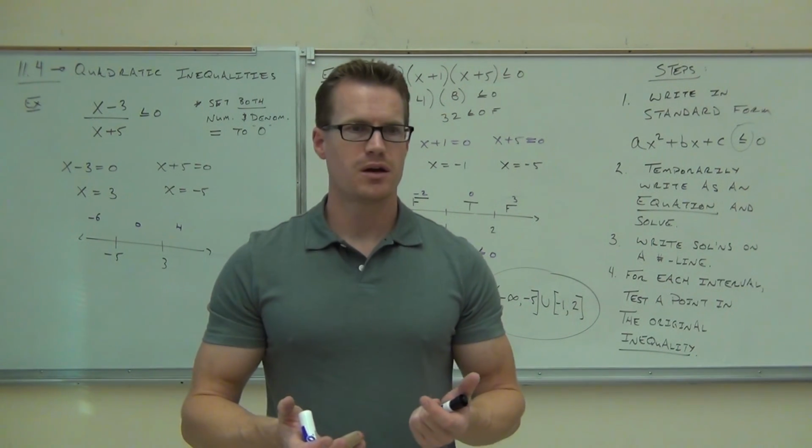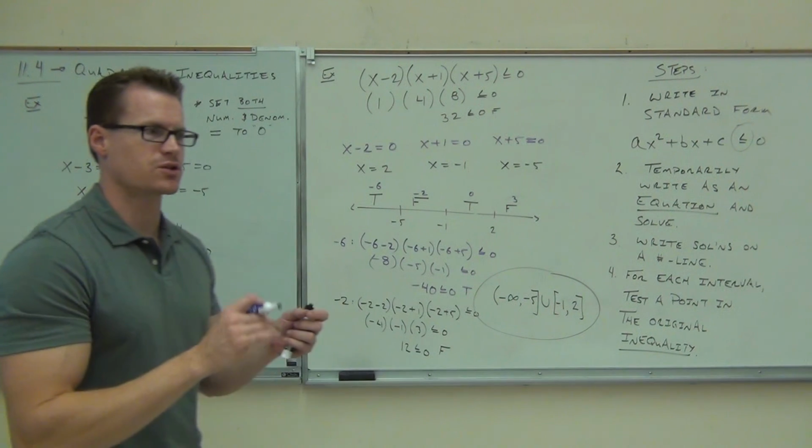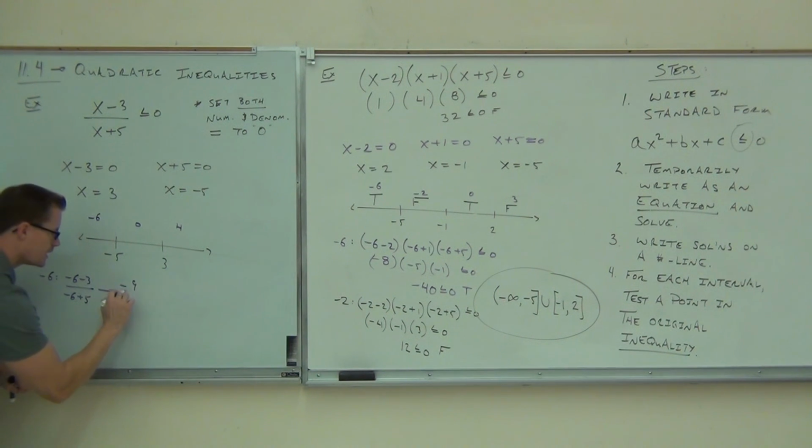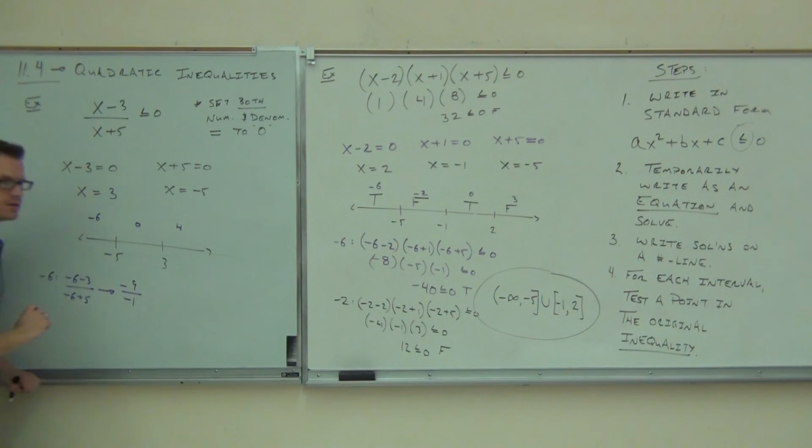You with me on that? You've got fractions, so be careful on checking your signs. I'll do all these with you. With negative 6, you'd have negative 6 minus 3 over negative 6 plus 5, that's negative 9 over negative 1.